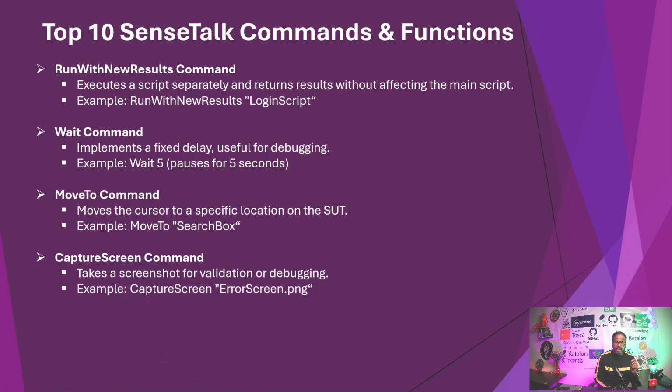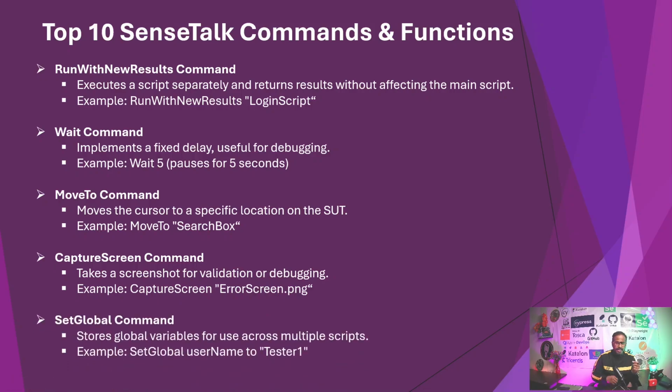And then the capture screen command. This command takes a screenshot for validation or debugging purposes. So this is the command, capture screen. Your captured screen image name is errorscreen.png. And then the set global command. This set global command stores global variables for use across multiple scripts.